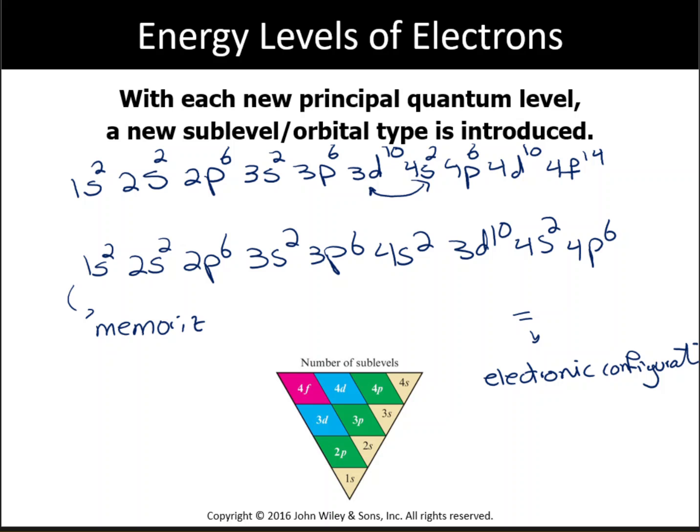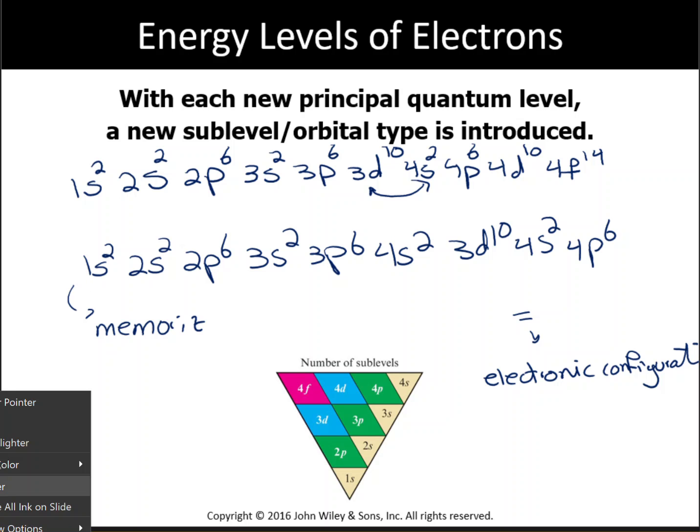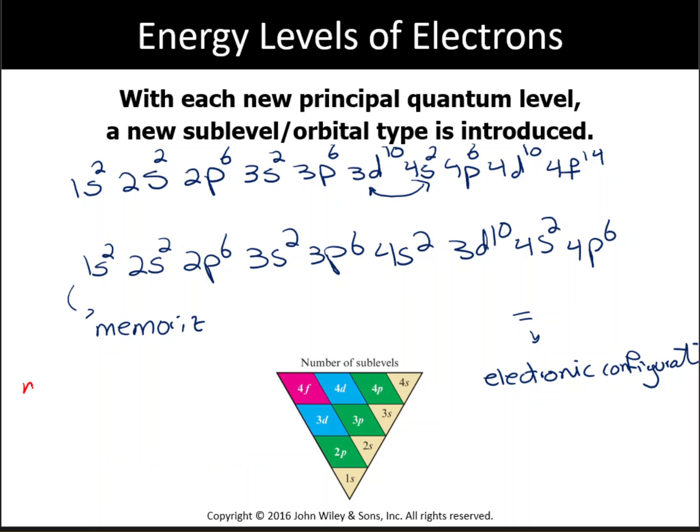One other thing I want to mention, again, in terms of energy, because energy is important. Everything in the first energy level has lower energy than the second one. So n equals 1 has lower energy than n equals 2, n equals 3, and n equals 4, and so on and so forth. So here energy increases.